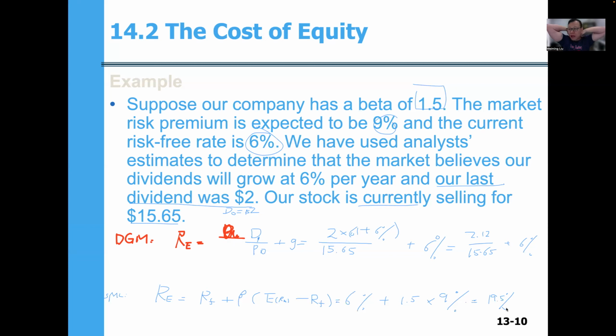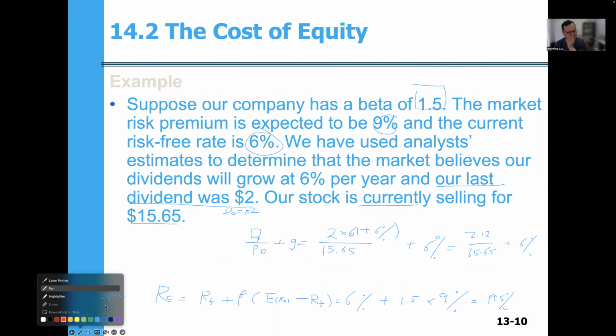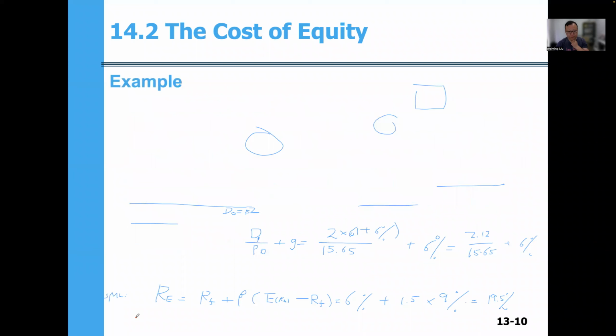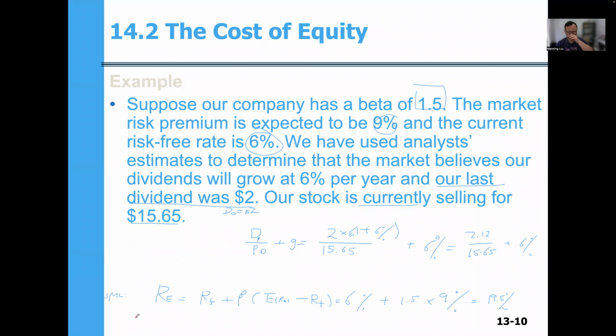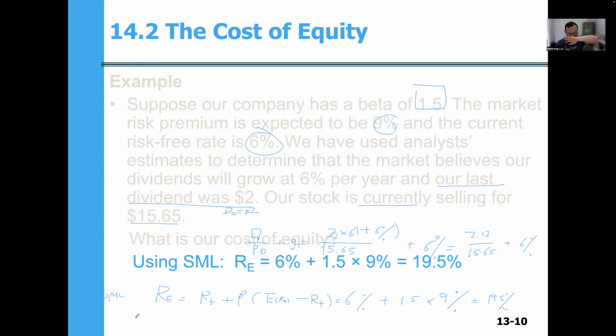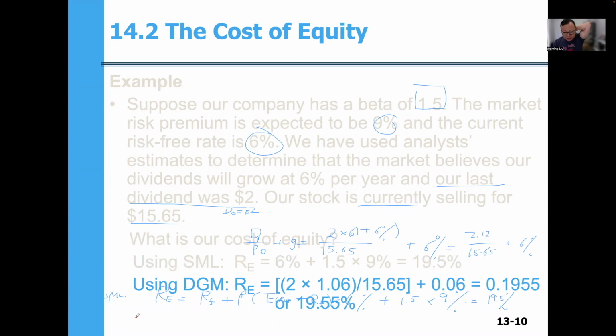Okay, so you can see you have two methods to calculate cost of equity, right? So don't be confused with others. We are only calculating the cost of equity. So when you use SML, it's 19.5%.